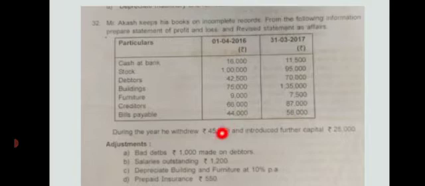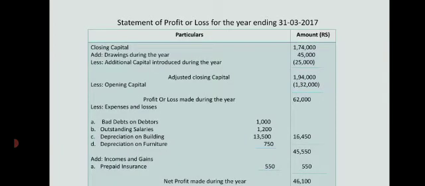So bad debts is a loss on a debtor, so we are supposed to deduct it. Salary is outstanding, it's a liability, we are supposed to deduct it. Depreciation is a provision, so again we are supposed to calculate depreciation on building and furniture at the rate of 10%. We are supposed to deduct it from the profit of that proprietor, right?